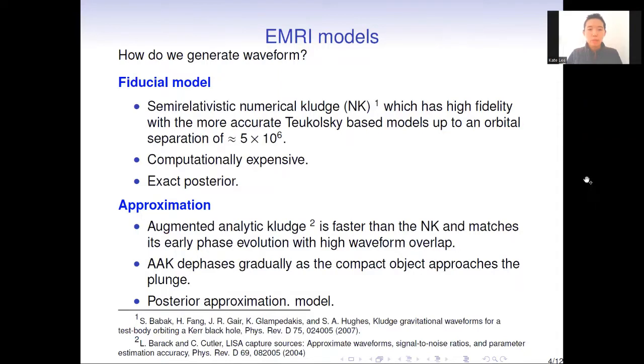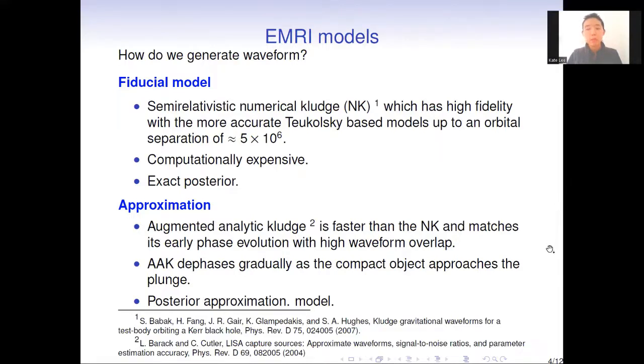In this talk, we'll focus on two models. The first model is called semi-relativistic numerical kludge, so-called NK, which is known to be highly accurate but very expensive. In other words, a waveform generated from NK can be treated as an exact waveform.